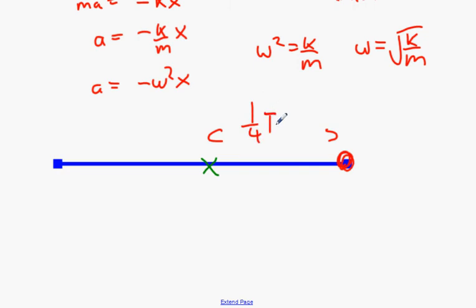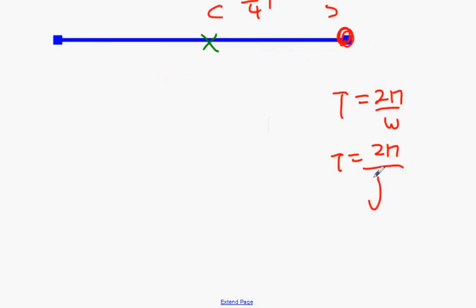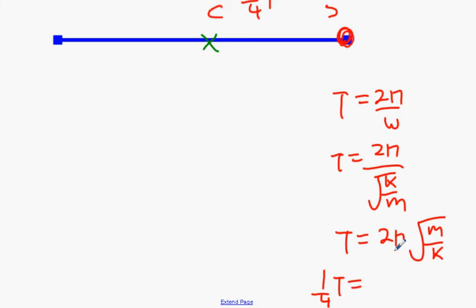Are you happy enough with that? So the period is 2 pi over omega. T equals 2 pi divided by root k over m. T equals 2 pi root m over k. That's the full period. We're only going to cover 1/4 of the period. So what's 1/4 of that? It's just going to be pi over 2 root m over k.